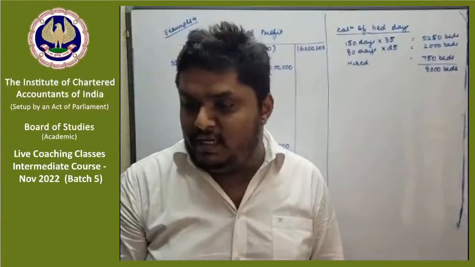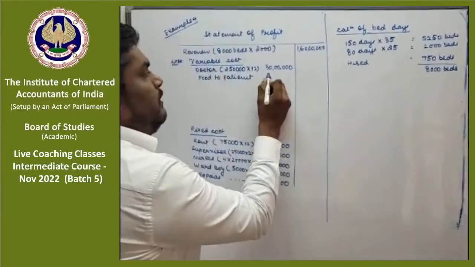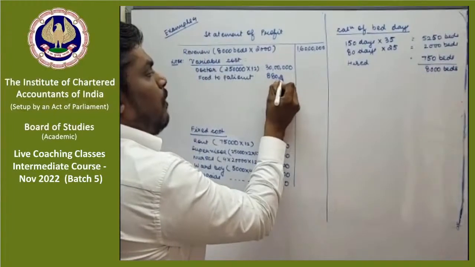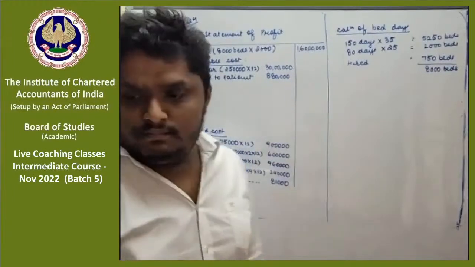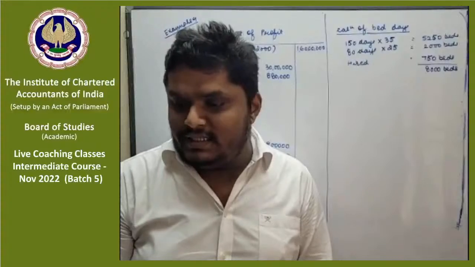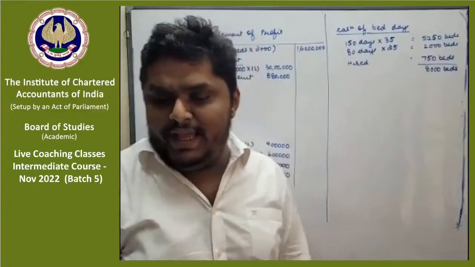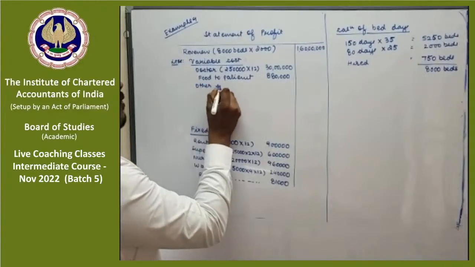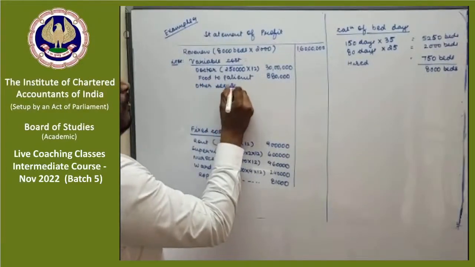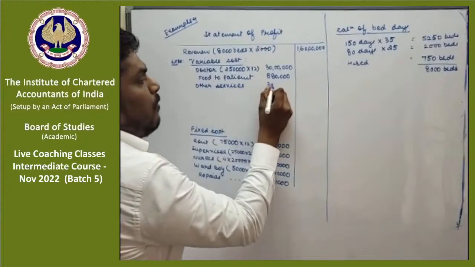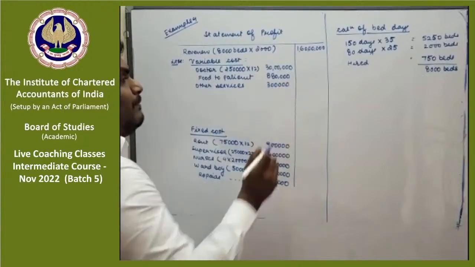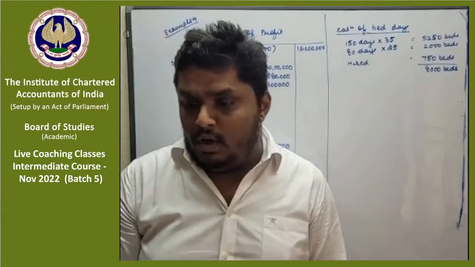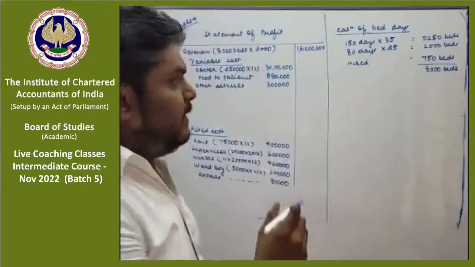Food to patient variable, that is 8,80,000. Other services to patient 3 lakh. Laundry charges 6 lakh variable.